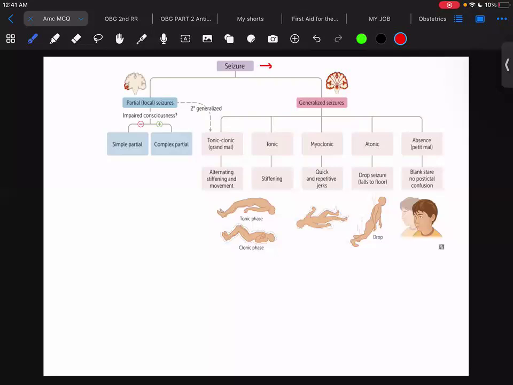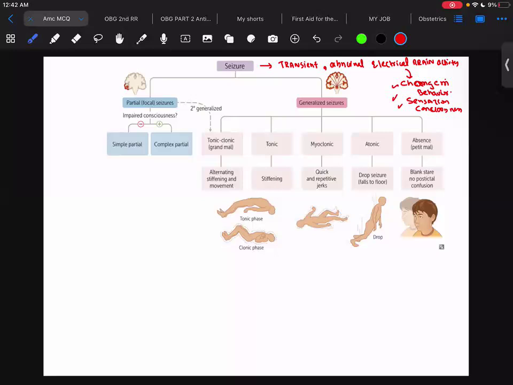So the definition is very simple: the patient is having synchronized high frequency neuronal firing resulting in transient abnormal electrical brain activity, which eventually causes a change in behavior, sensation or consciousness. So these three things should always be checked.